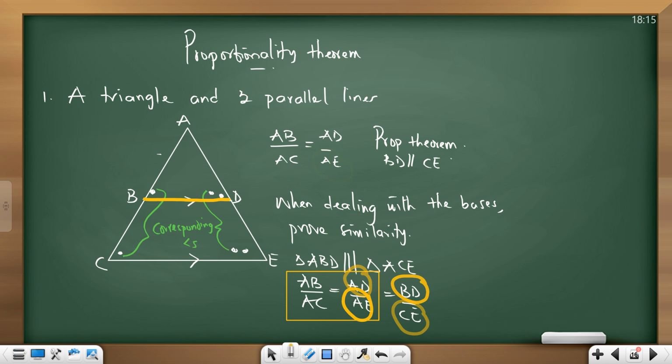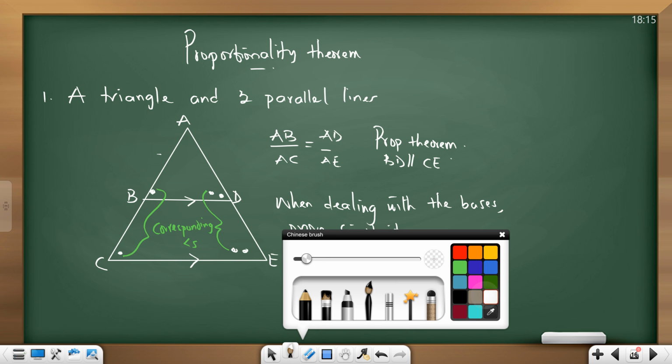And that is BD over CE, I have included the base. Your proportionality was just working on the sides. But for me to include the base, what do I need to do? Prove that these triangles are similar. And I remember similarity, we spoke about it. All you need to do is to prove what? Two angles. The proof for similarity is angle, angle, angle.